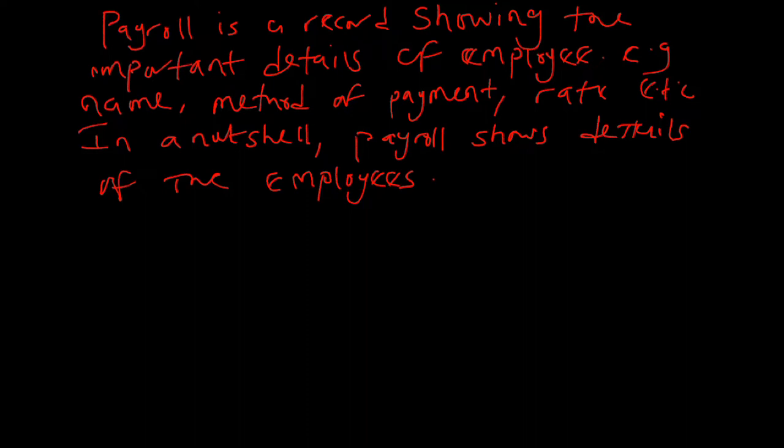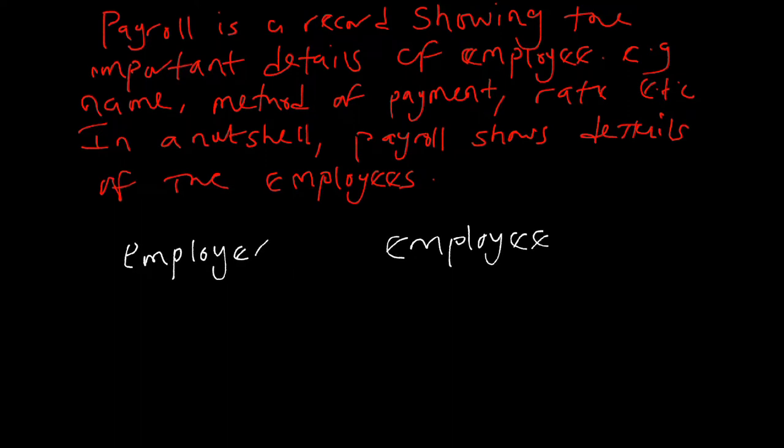In every organization, there's always who we call the employer and the employee. The employer is someone who gives us jobs, employment opportunity. The employee is the person who receives.